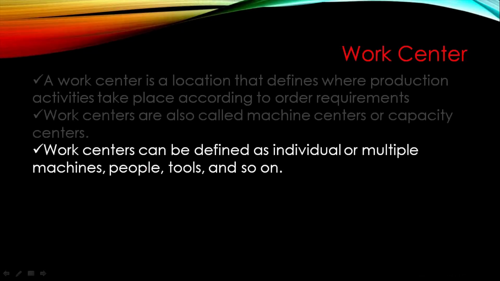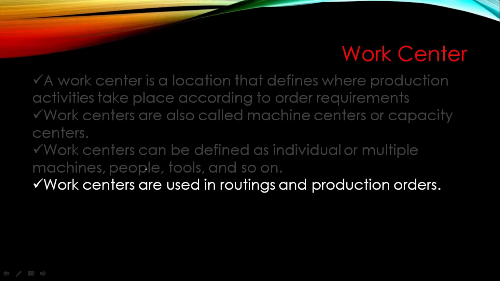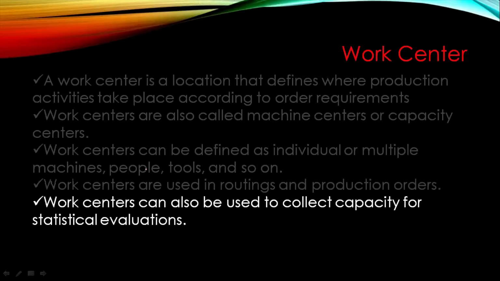Work centers can be defined as individual or multiple machines, people, tools, and so on. Work centers are used in routings and production orders. And work centers can also be used to collect capacity for statistical evaluations.